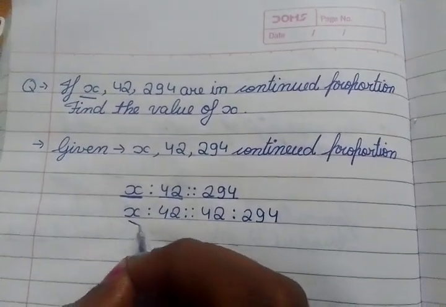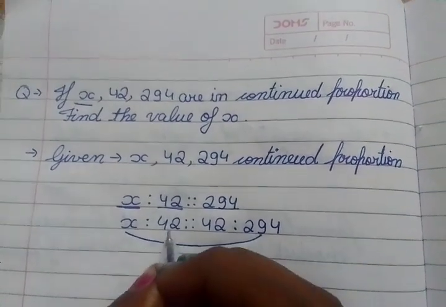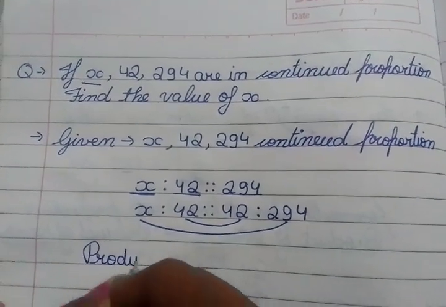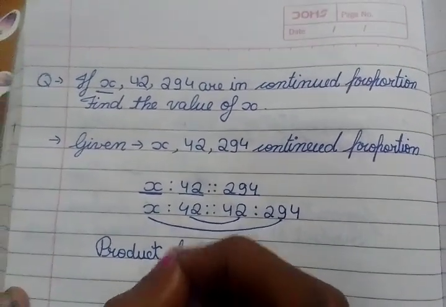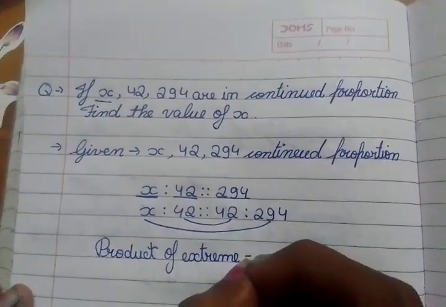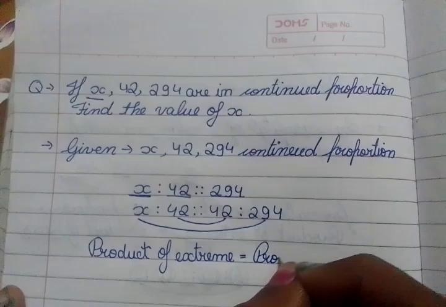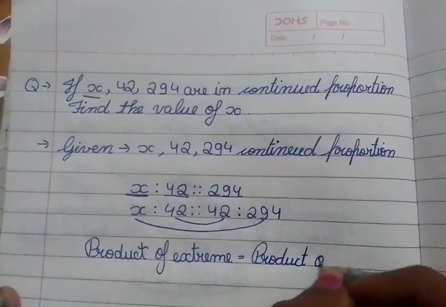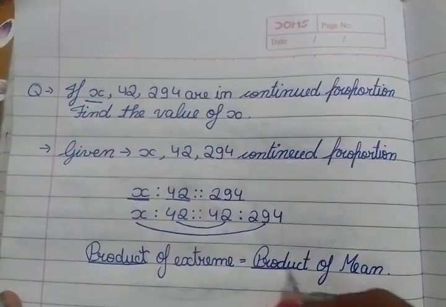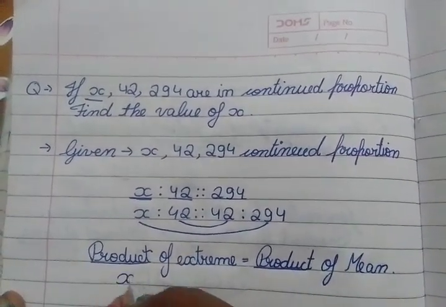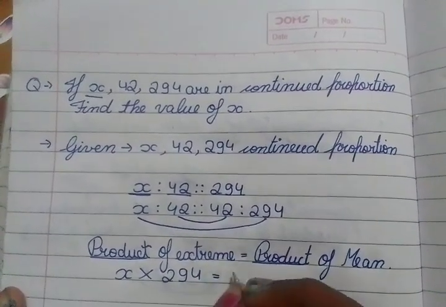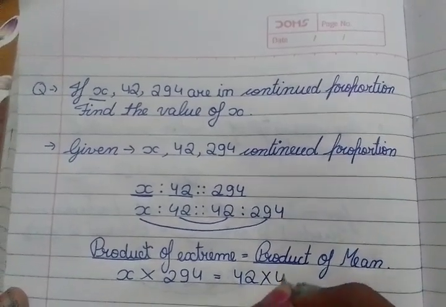Now we will solve this. The formula is product of extremes equal product of means. Product means multiply, so we will multiply the extremes, X into 294, equal 42 into 42.